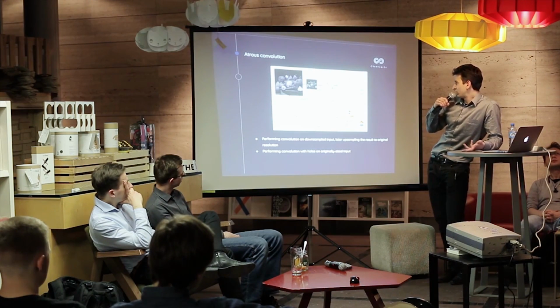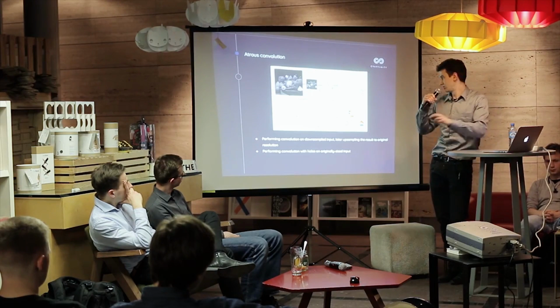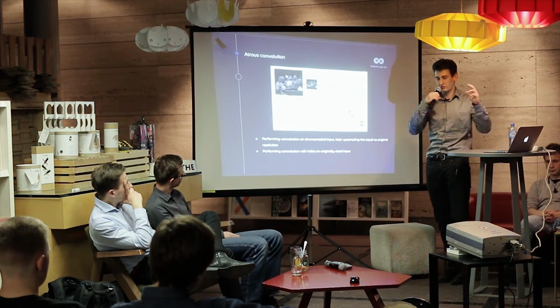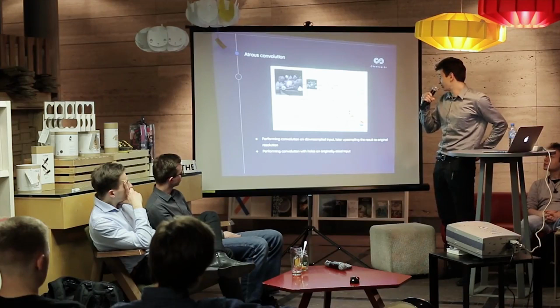We have the output, and later we'd like to upsample the result of the convolution in the original size. But because in order to do the convolution we decrease the size of the input, we need to rely on some interpolation. So after the convolution we lost some information.